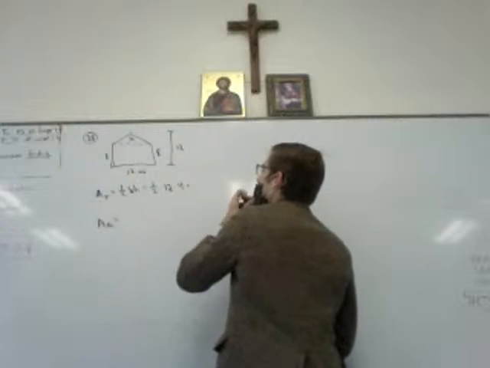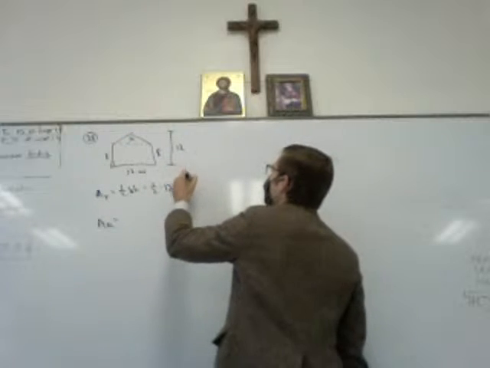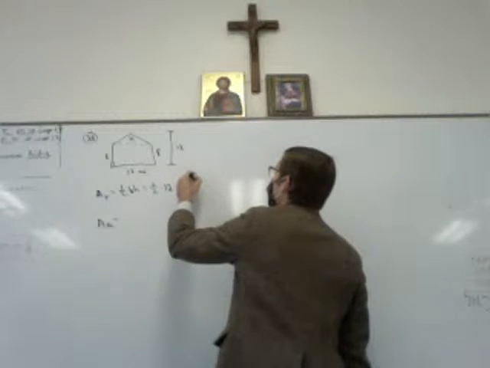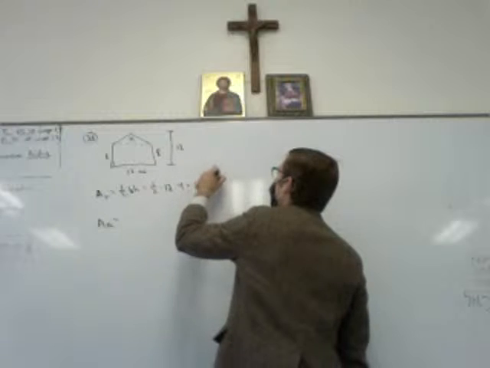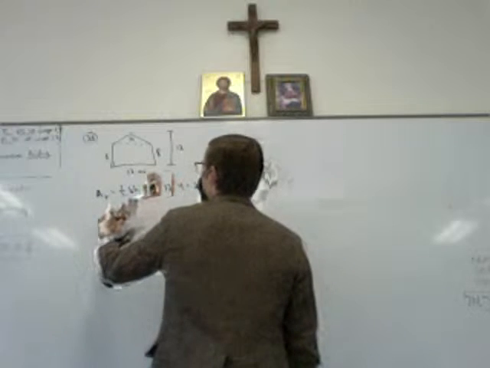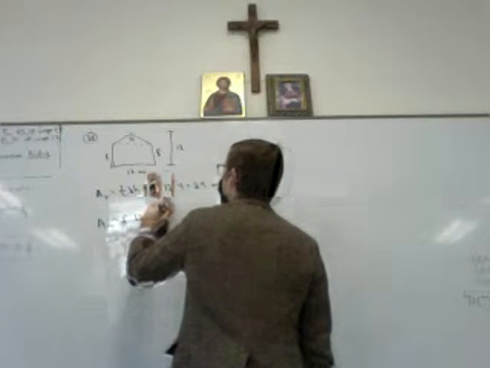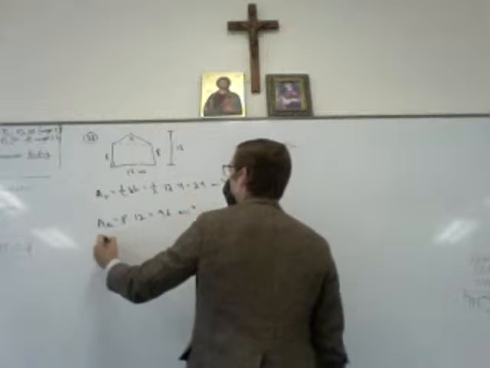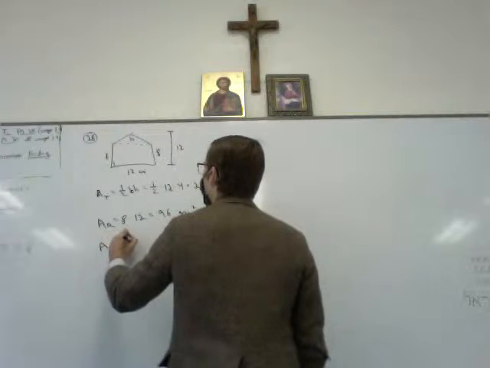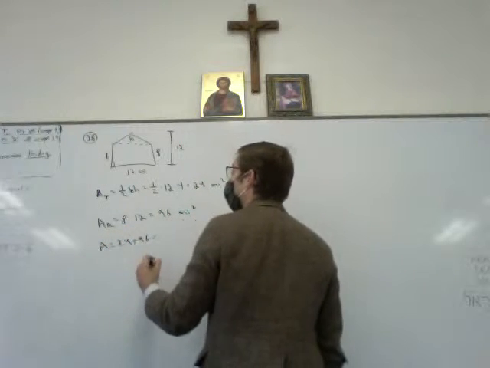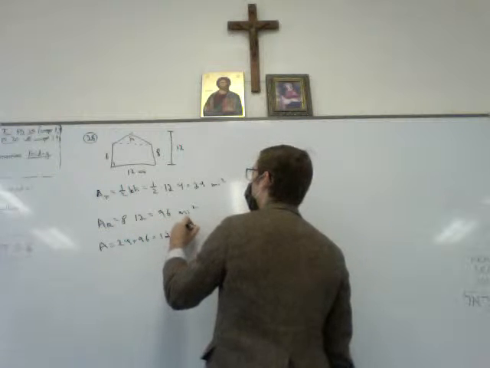Right, so 1/2 times 12 times 4 gives us what? 24. 24 square miles. And then the rectangle, 8 by 12, 96 square miles. So the total is 24 plus 96, or 120 square miles.